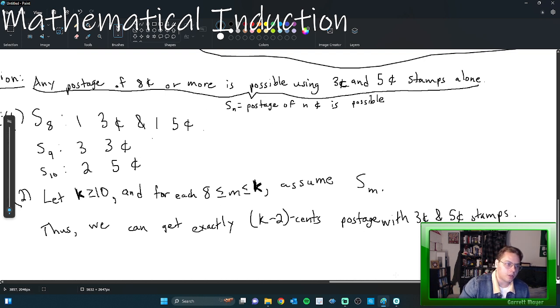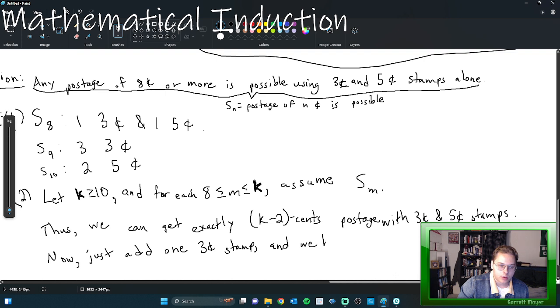So we can get k minus 2 cents, and now add on a 3-cent stamp. And now we have k minus 2 plus 3 equals k plus 1 cents postage.